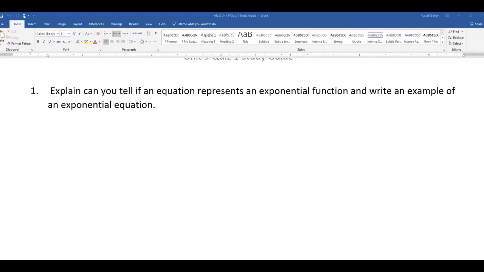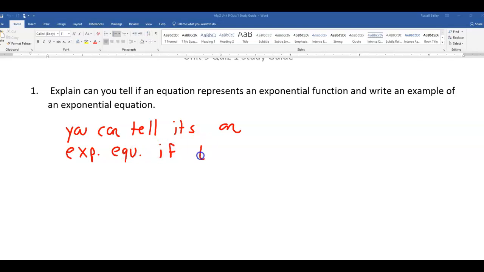So you could tell if it's an exponential equation if the exponent is a variable.